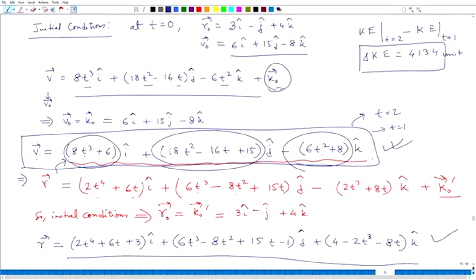And we will show that for the case of a conservative force field, the work done is independent of the path chosen, but this will not be true for a non-conservative force field. However, you should not forget the message that irrespective of whether the force field is conservative or non-conservative, the work energy theorem is always true.